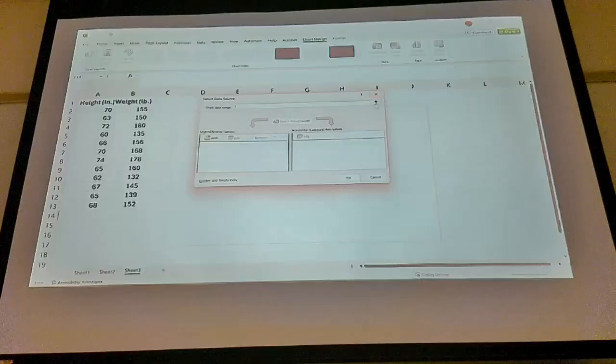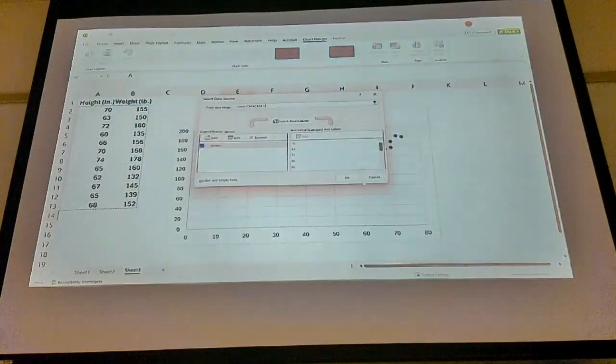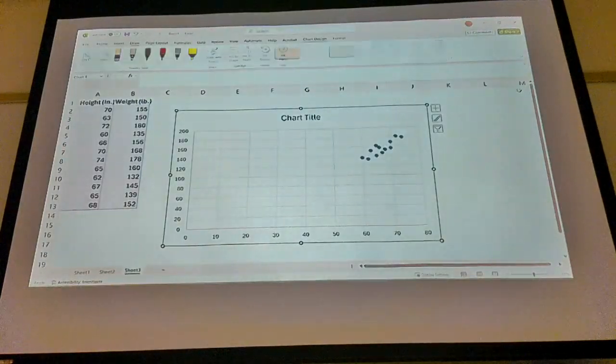I think if I do this, select data range at the very top, and then highlight the entire range. Now that actually looks better.